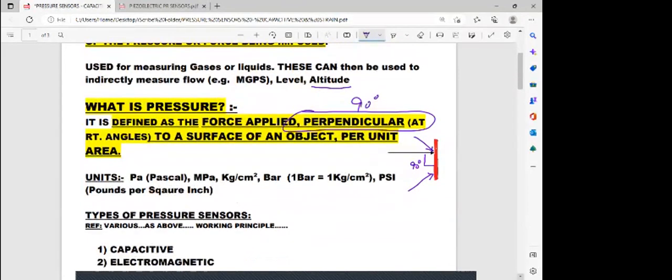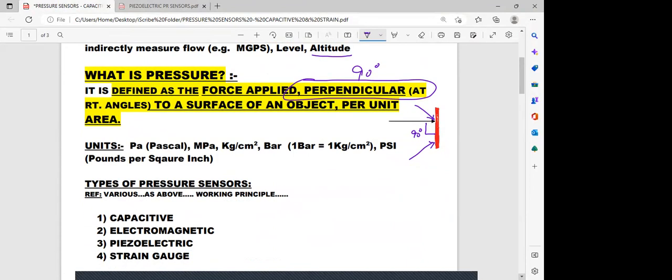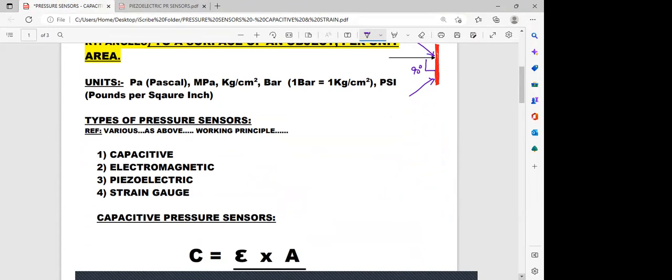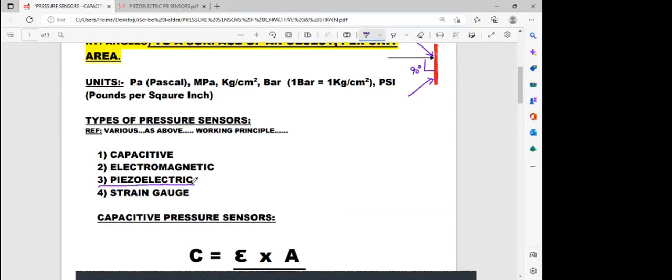Okay, so we've seen what is a pressure sensor, what is the definition of pressure. So let us see over here, and we'll take it one by one. What are the types of pressure sensors that are available? Right at the beginning, I said certain pressure sensors are not practical for use on board ship, and one of those is your piezoelectric type of pressure sensor.